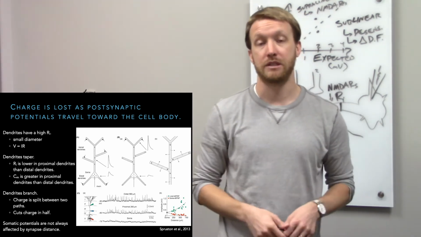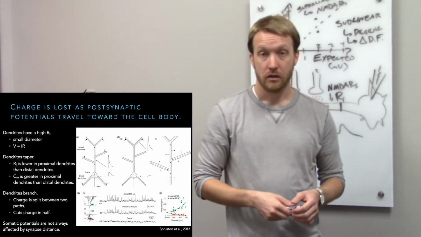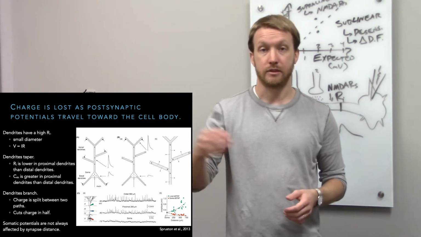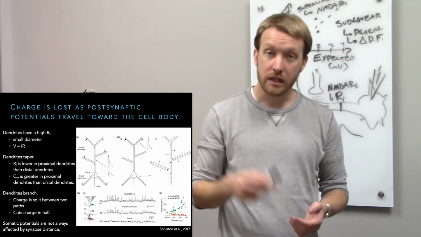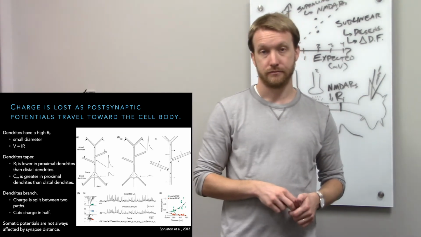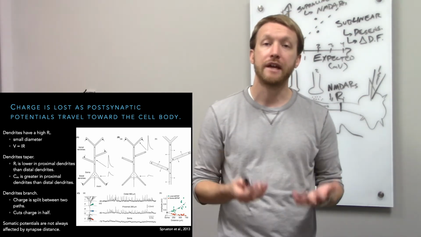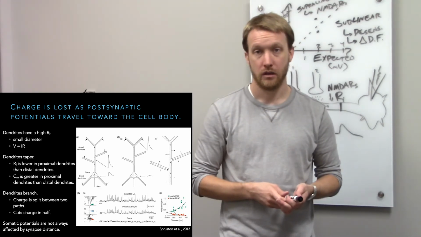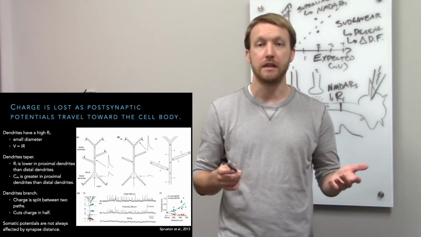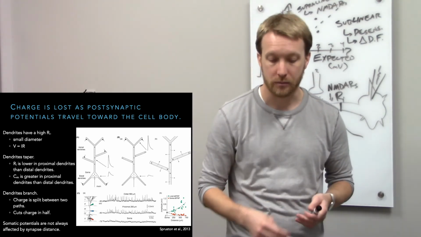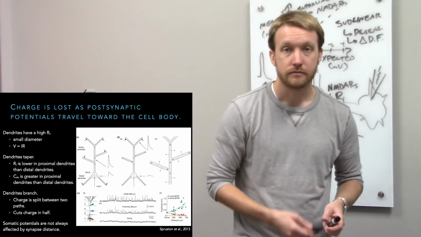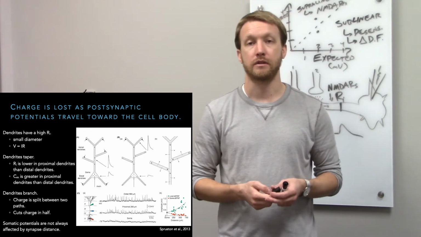So the somatic potentials are dropping when synapses are further away from the cell body, even though those synapses have greater potential changes. So if dendrites are just passive, distal dendrites are meaningless to the neuron. They have no impact on somatic potentials. So they don't need to exist. They're a complete waste of our time.